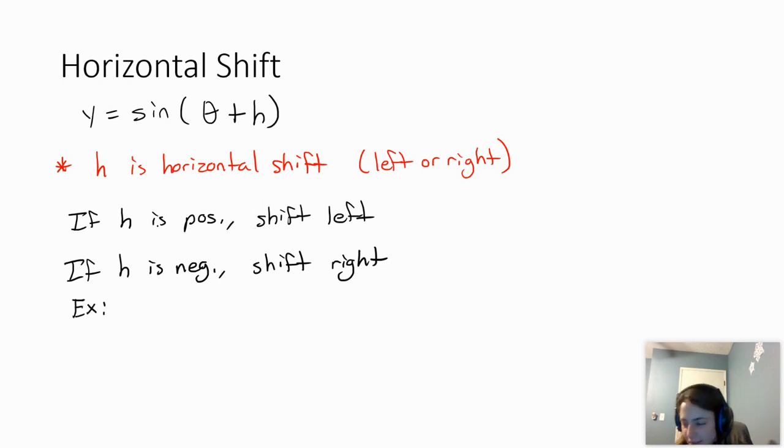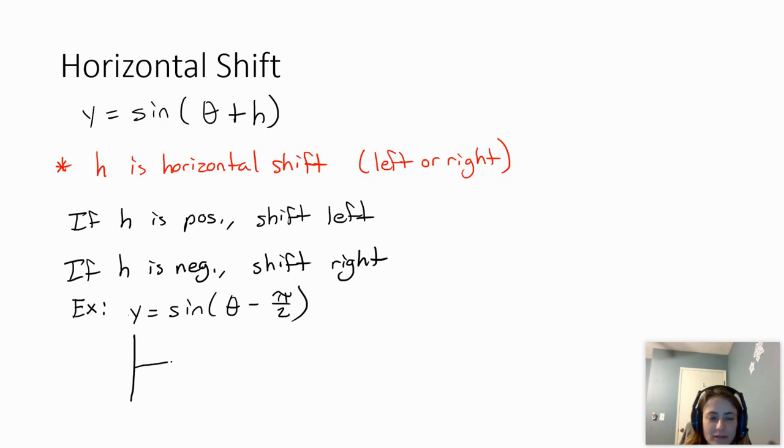So let's look at a little example. Say we were looking at y equals sine of theta minus pi over 2. So usually sine would start at 0. This is pi, 2 pi.